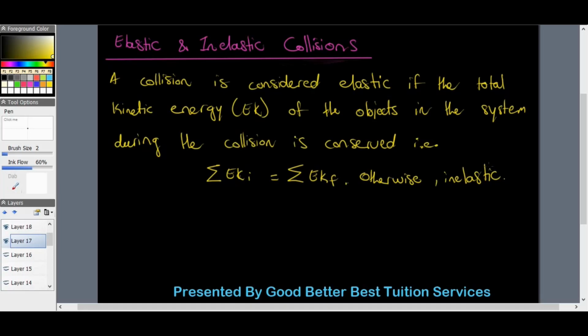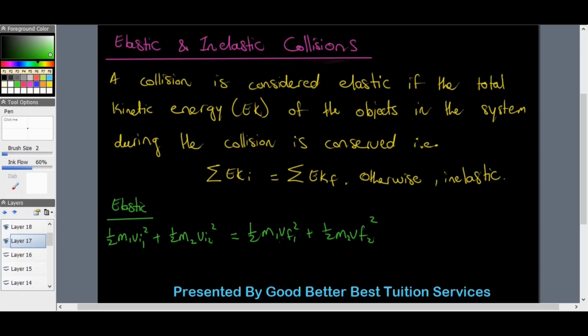So if we have the formula for an elastic collision, it'll be this formula, which I'll expand: half m1 vi1 squared plus half m2 vi2 squared must equal half m1 vf1 squared plus half m2 vf2 squared. Okay, I know I didn't have a 1 here. Let me put a 1 there quickly.